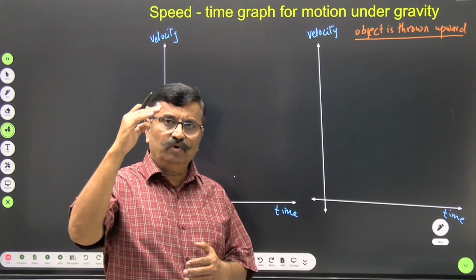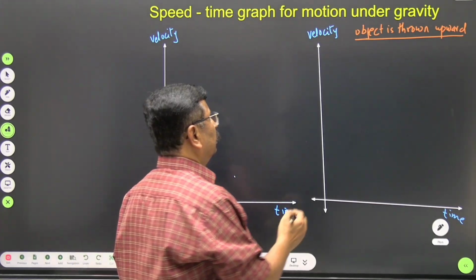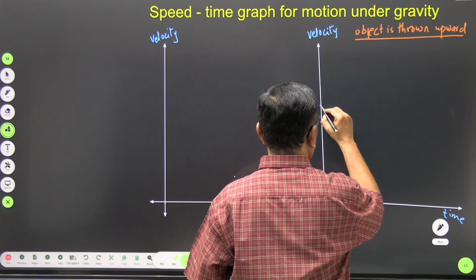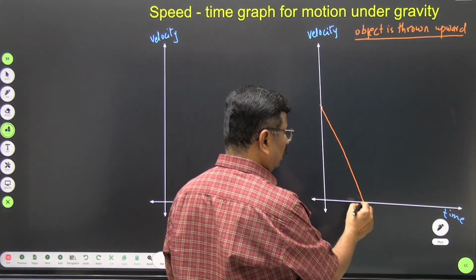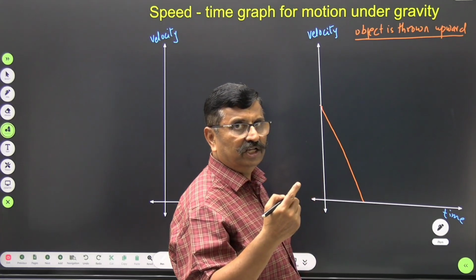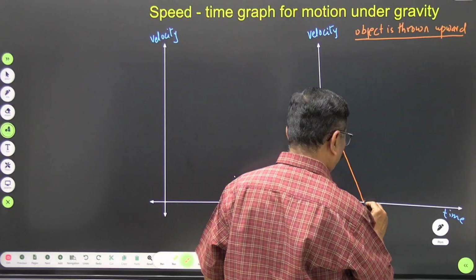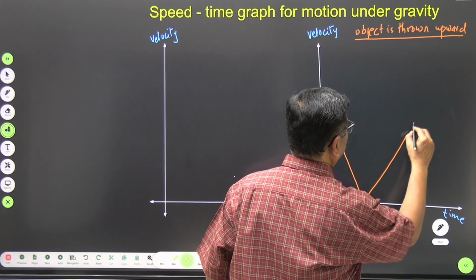So for the upward motion the velocity decreases this way, and for the downward motion, the body has reached the highest point and then starts falling down, so velocity starts increasing.